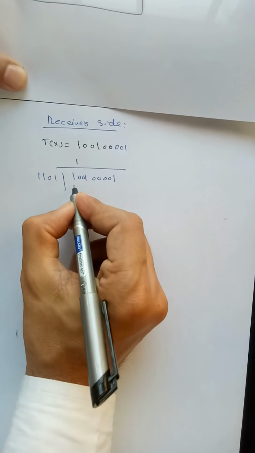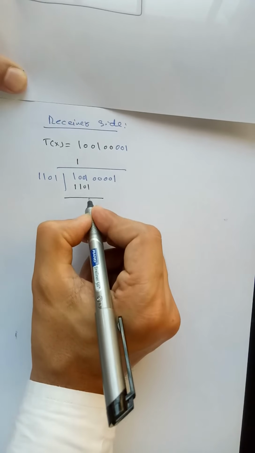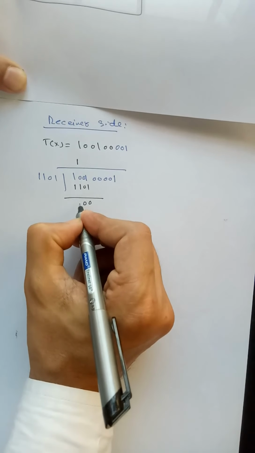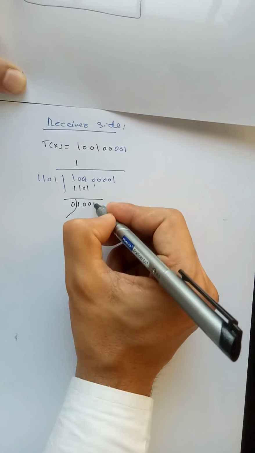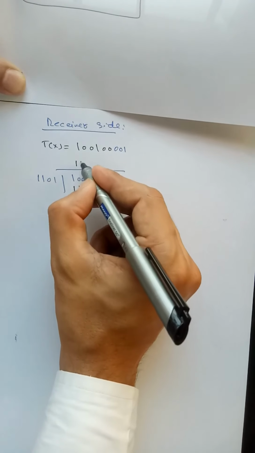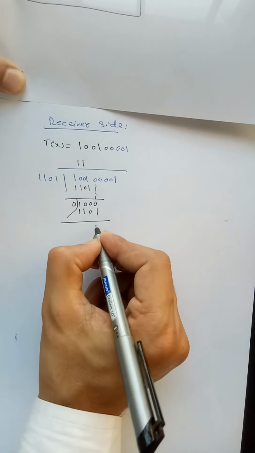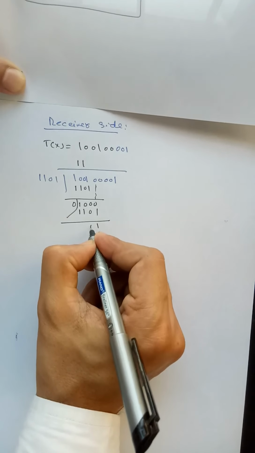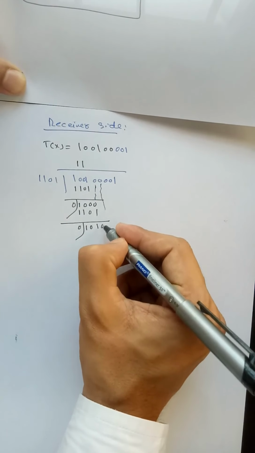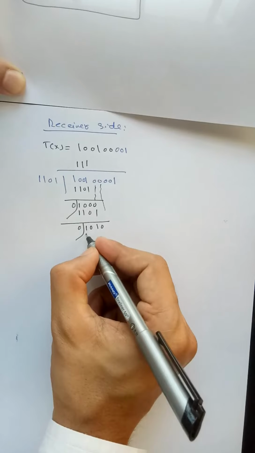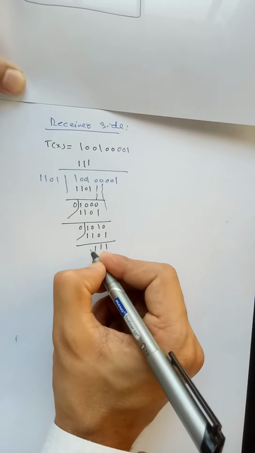Use 1, you will get 1 1 0 1, so 0 0 1 0. Discard this now, you can bring 0 here. Again you can use 1, so 1 1 0 1, 1 0 1 0. Discard this 0, and then you can bring 0 here. You can use 1, so 1 1 0 1, and then 1 1 1 0.